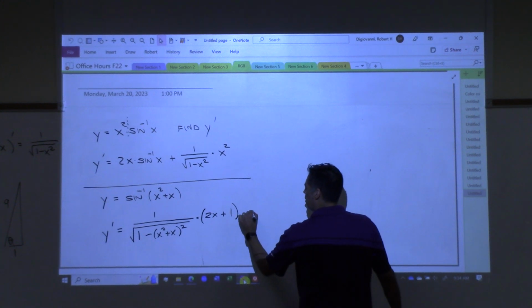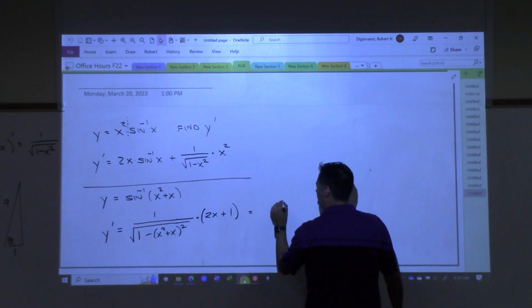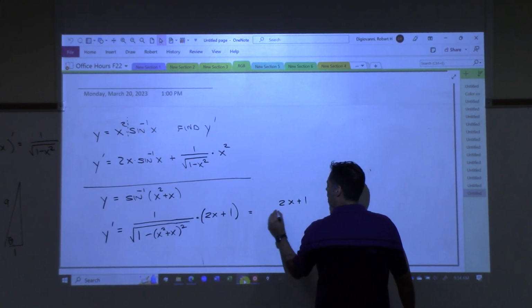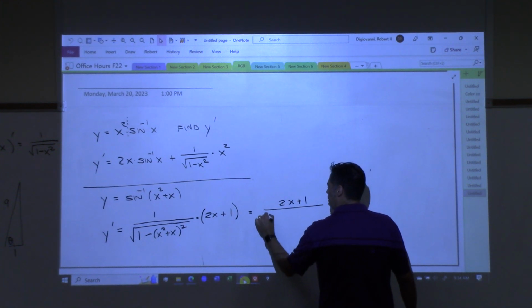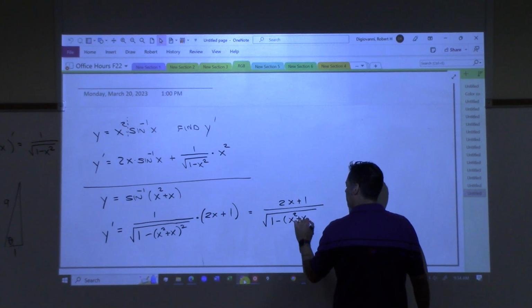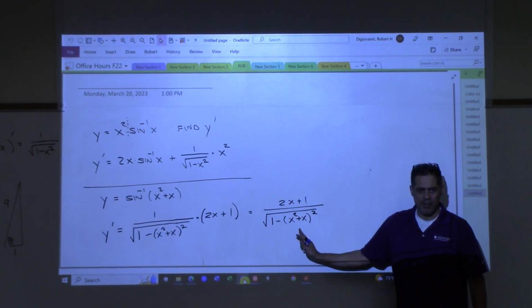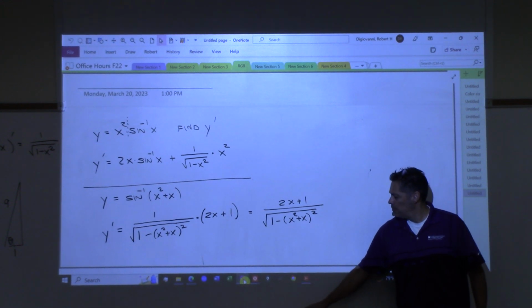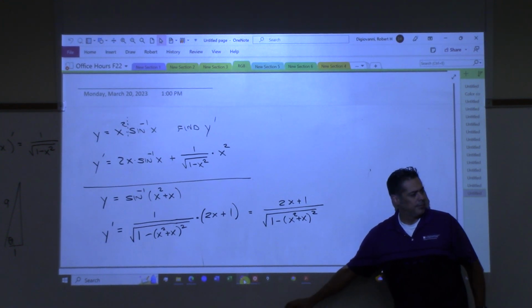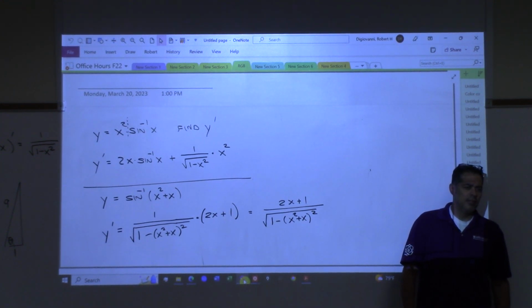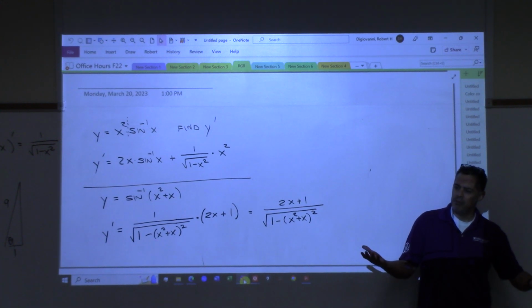And then let me go one more step. I'm going to push that up to the top: 2x plus 1 over the square root of 1 minus, and then the bottom, x squared plus x, squared. I'm not going to actually square this out or FOIL it out. I'm just going to leave it just like this. That's my derivative. Y'all see how this works? Y'all see why chain rule is so important?